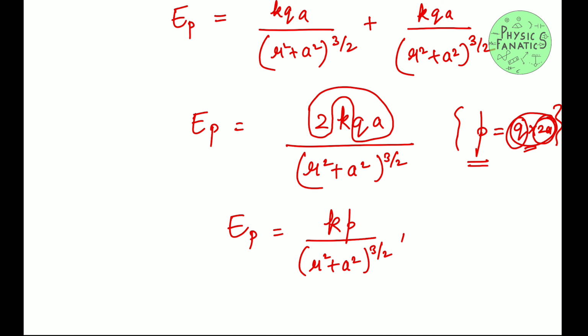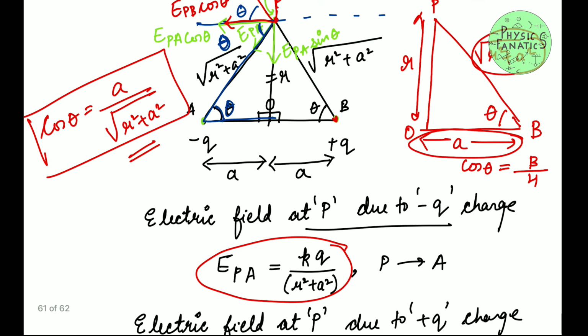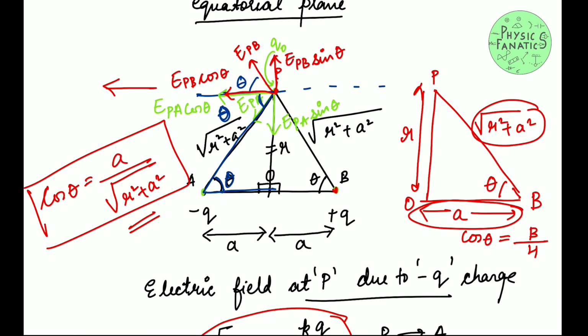Now the next important thing, the direction. Can you see where the direction is? The direction is along this direction. So if this is my positive x-axis, then this is my minus x-axis.